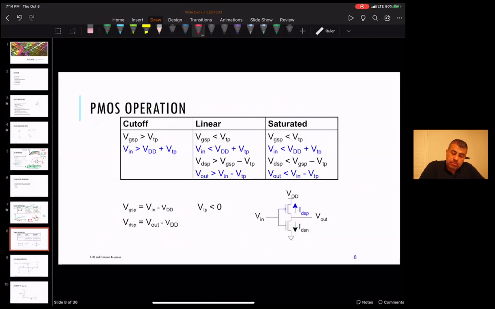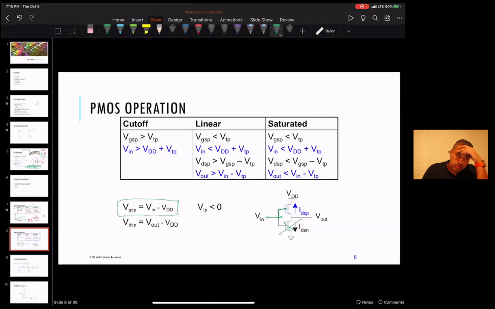And then for the PMOS, we can do the same thing. If we don't look at this for a second and just look at this guy, the only difference, and this gets a little bit trickier, is that the gate-source of the PMOS is Vn minus VDD.